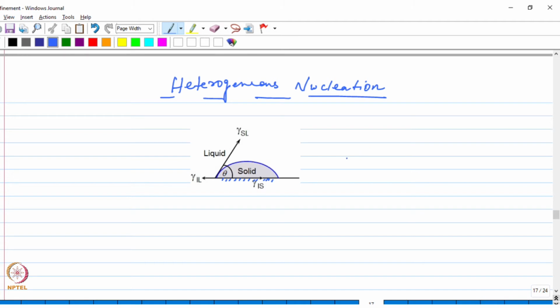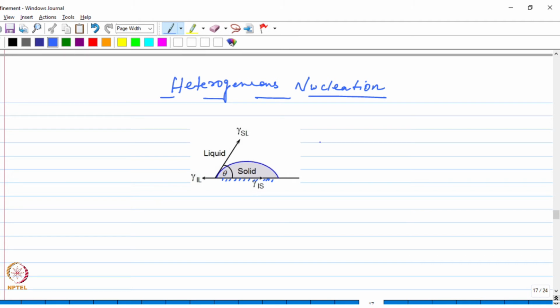That provides a substrate for the first nuclei to form from the liquid phase. And in this case, you will have to look at the surface energies also, because now these interfaces are there. Apart from the solid-liquid interface, there is an additional interface between that heterogeneous surface and the solid nucleus, and also between the surface and the liquid.